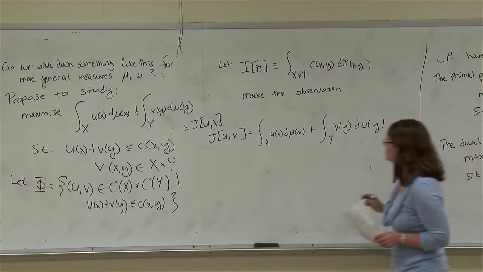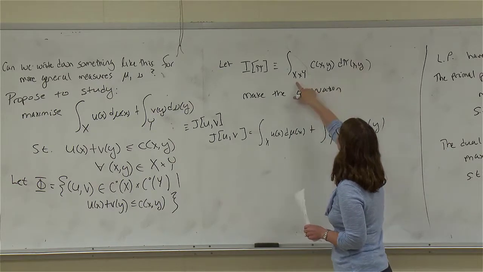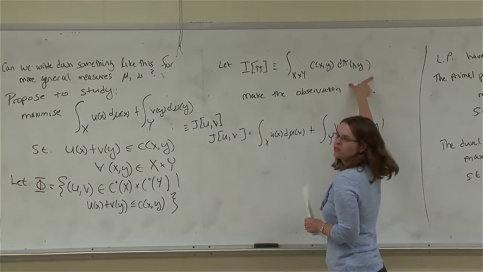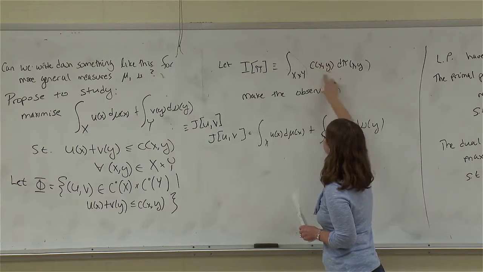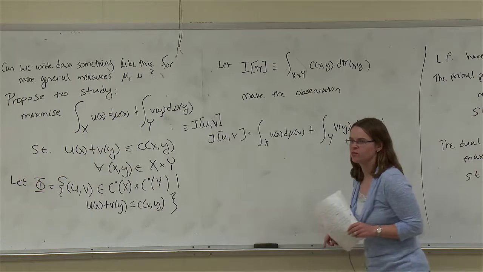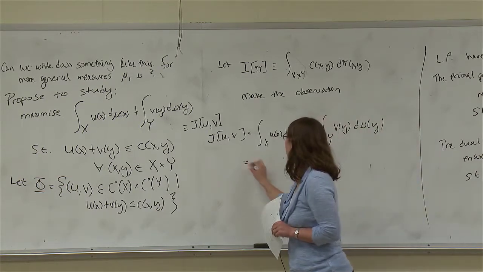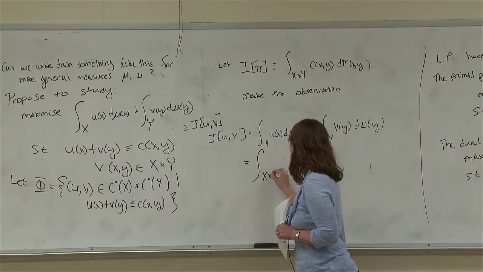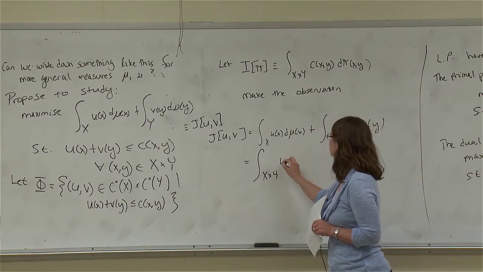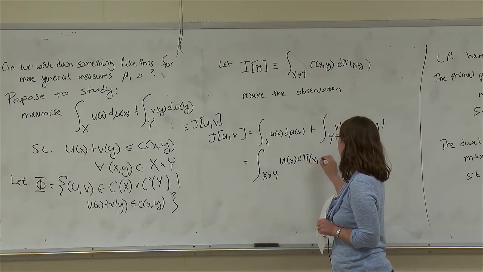So we know that if I integrate over the product space, and I have something here that just depends on x, which is what I have here, I just integrate away the y dependence, and I come back to this measure that I cared about. So this is nothing but u of x d pi.